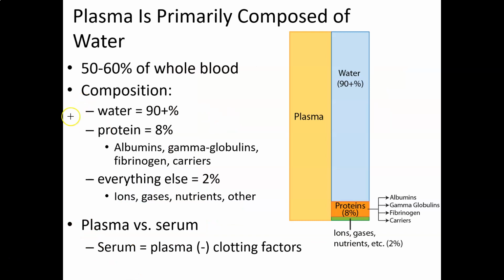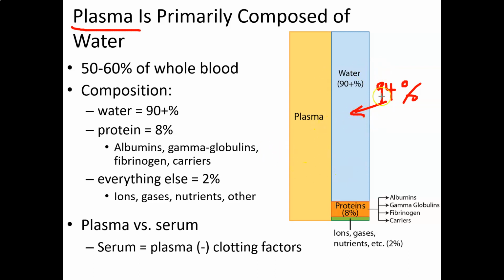Okay, so let's break down what plasma is and what's in plasma. Again, plasma is composed primarily of water. Depending on what book or source you read, it's usually given as about 94%. So most of our plasma is water. Since plasma makes up more than half of your blood, then water is basically about 50% of your whole blood.